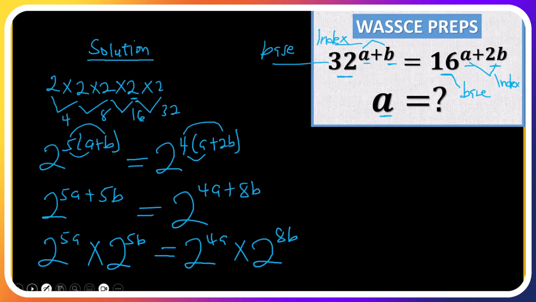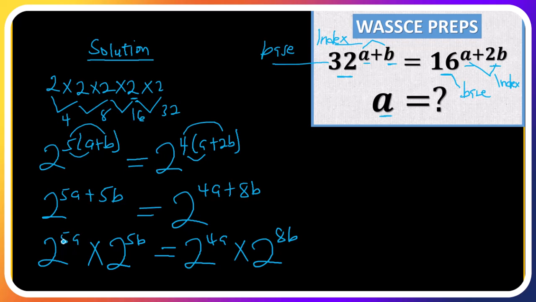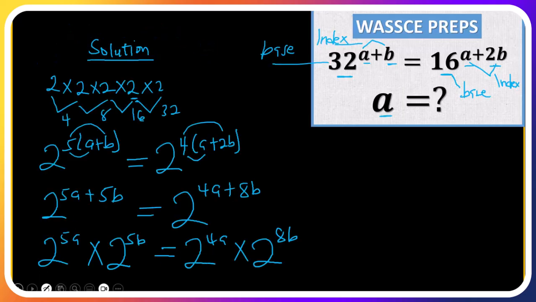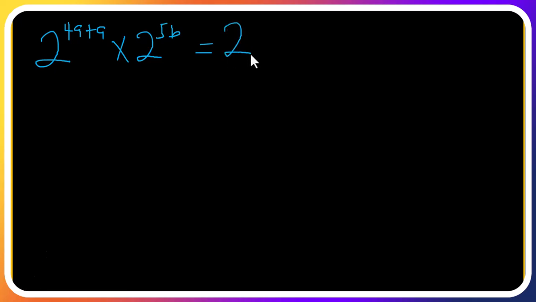So let's see: 2 raised to the power 4a plus a. 4a plus a gives us 5a. So we have that times 2 raised to the power 5b equals 2 raised to the power 4a times 2 raised to the power 8b.